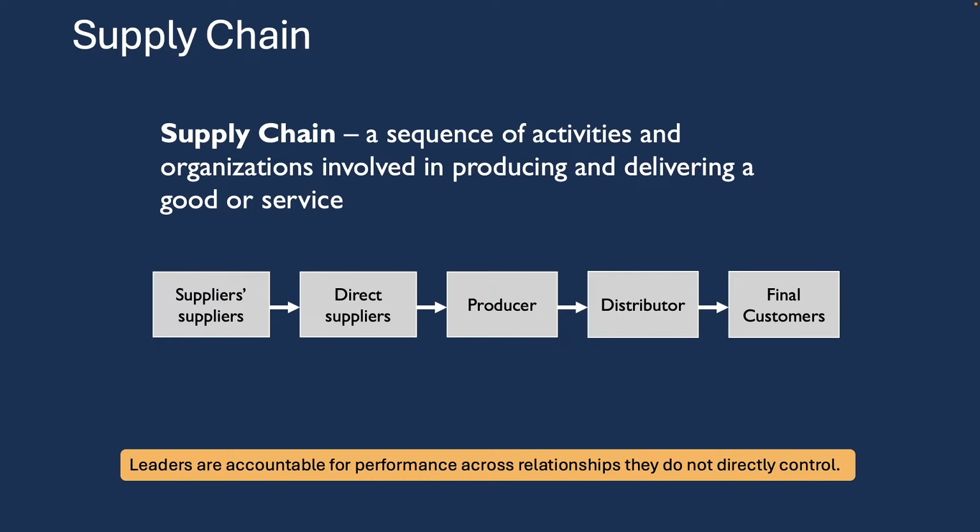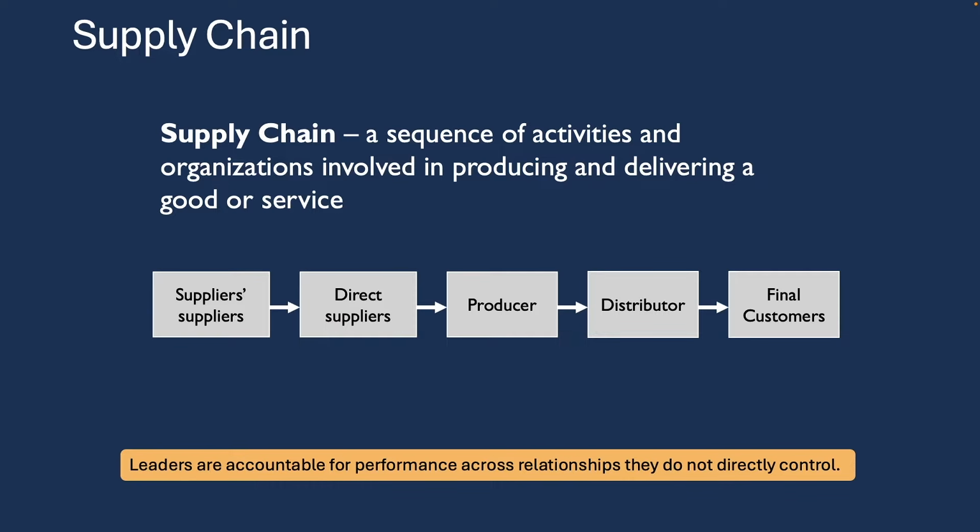The supply chain is a sequence of activities and organizations involved in producing and delivering a good or service, from a supplier's supplier to the final customer. Leadership becomes especially important here because leaders are accountable for performance across relationships they don't directly control.